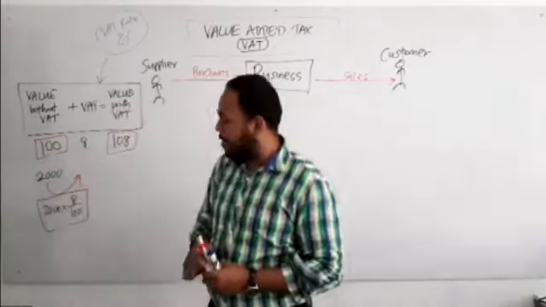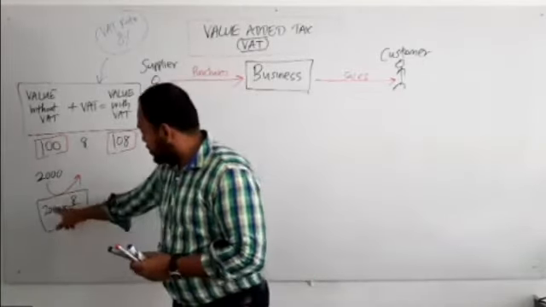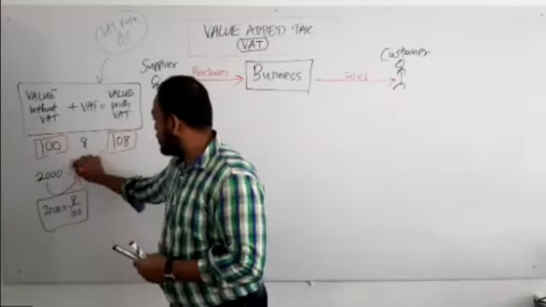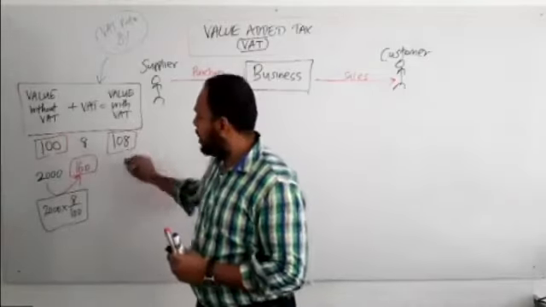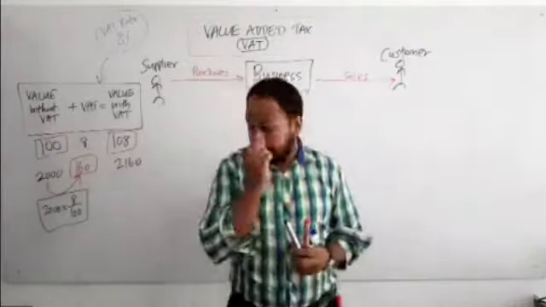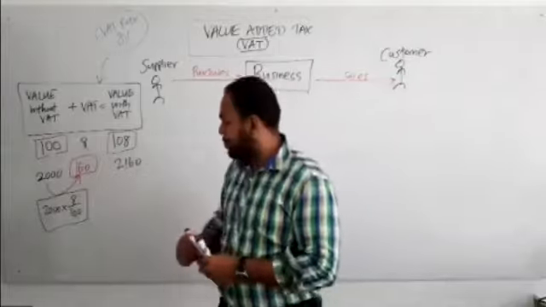You will get 160. Then value with VAT will be 2160. Right? So this way.